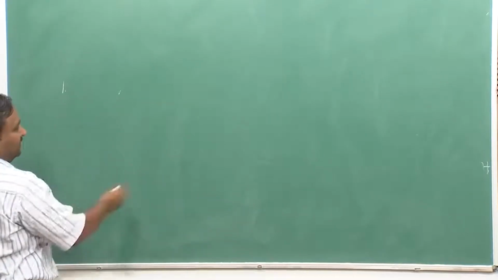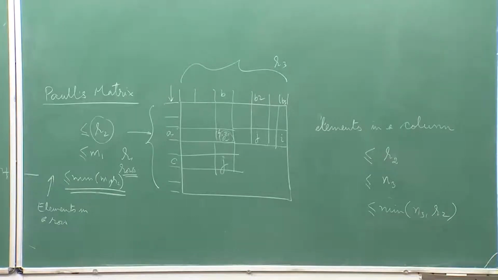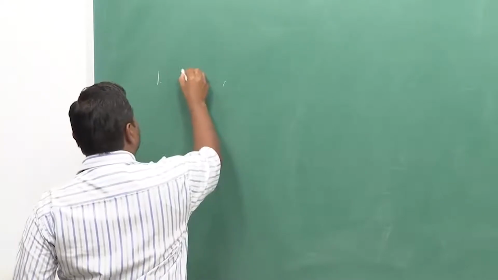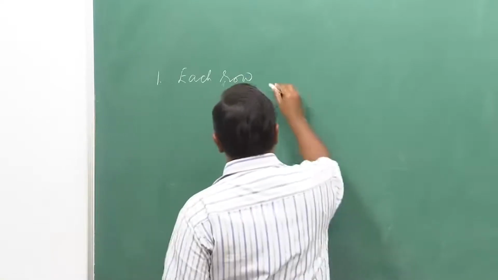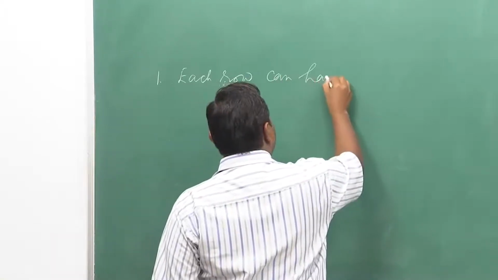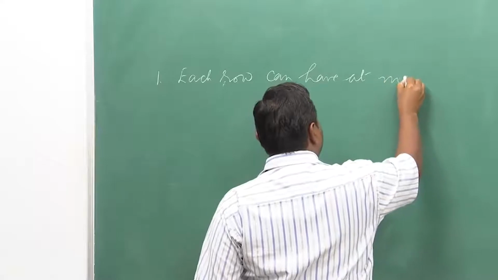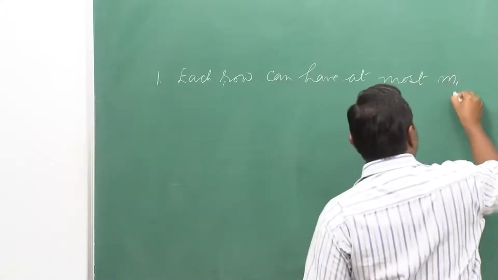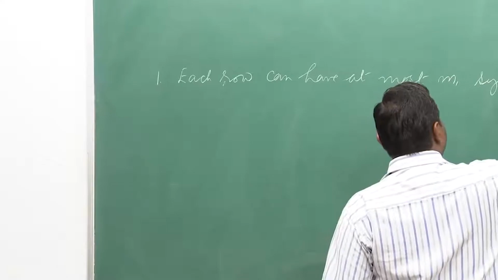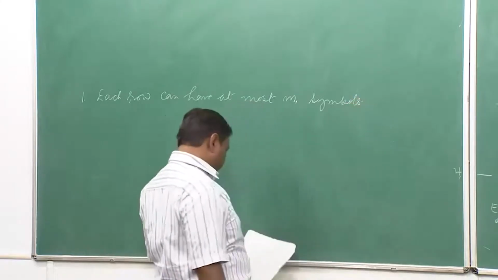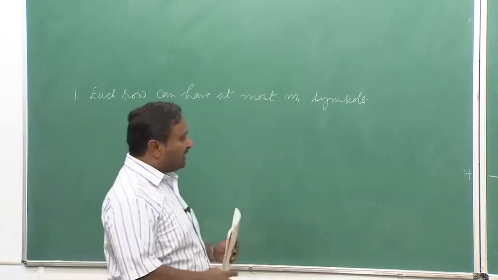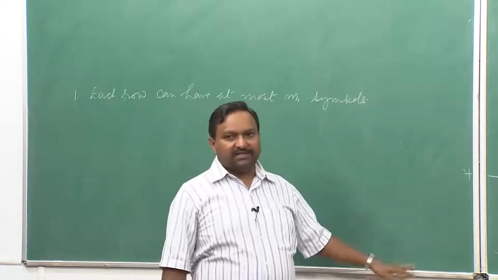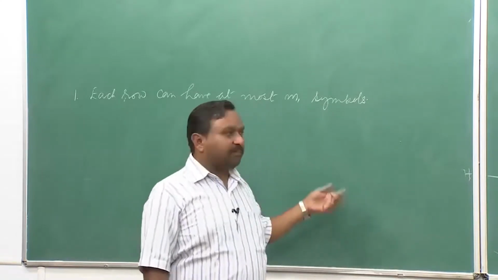So, the first condition, as we have done through discussion, I can very well write it: each row can have at most M1 symbols. Because the maximum number of paths from a switch to the middle stage switches can be equal to the number of incoming ports, because of that.